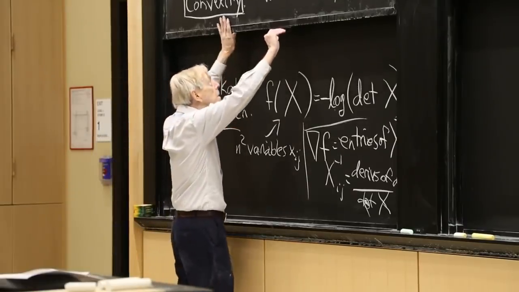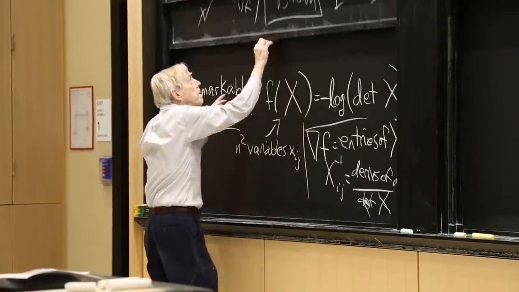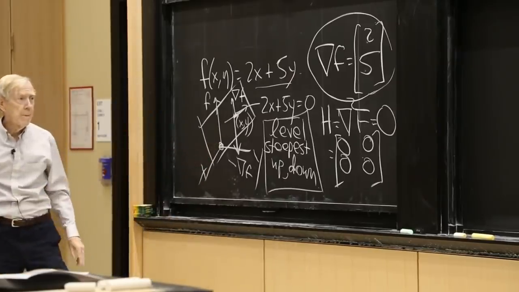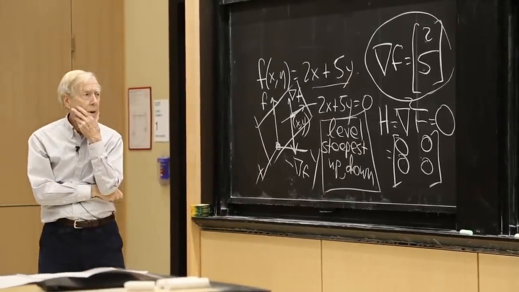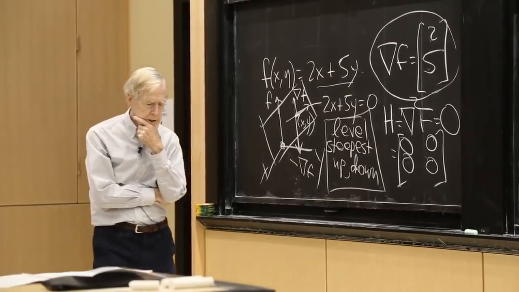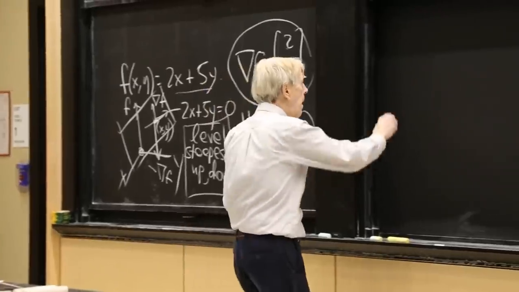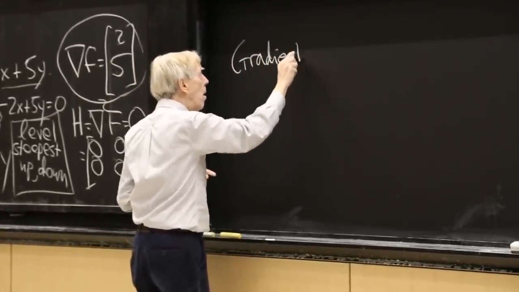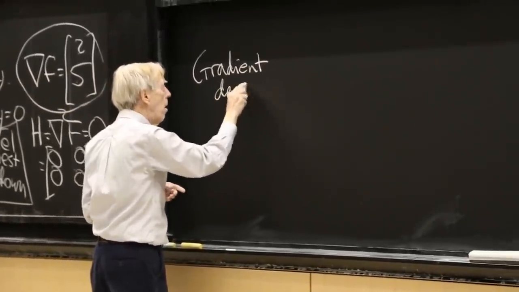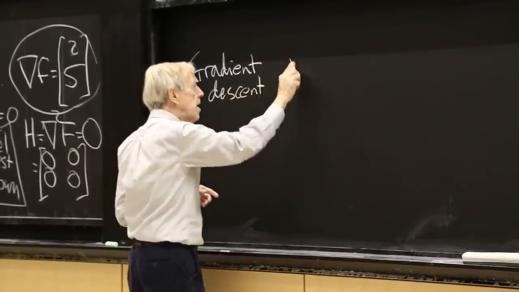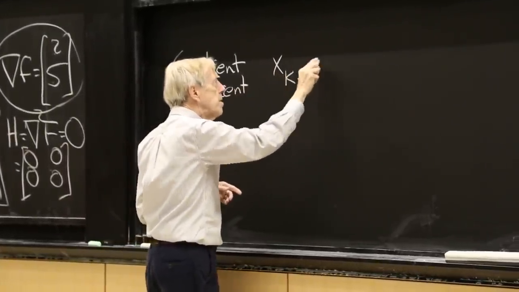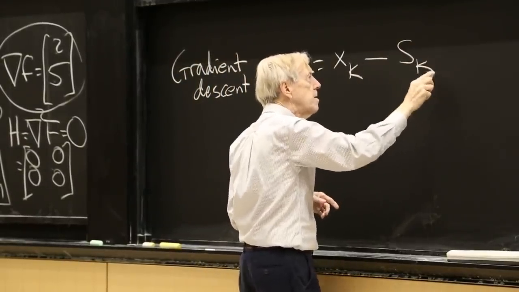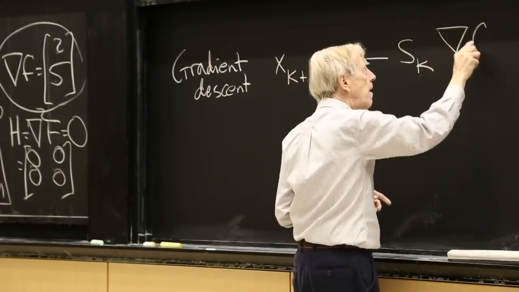Let's hide it so we don't see it again, and I'll work with that example. So here's gradient descent: x_{k+1} is x_k minus s_k, the step size, times the gradient of f at x_k.